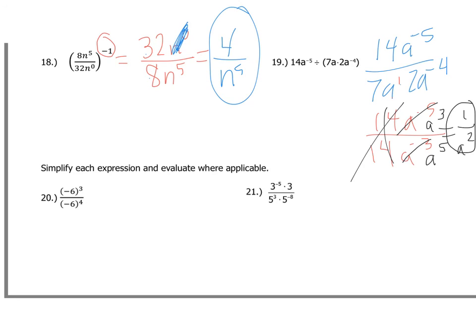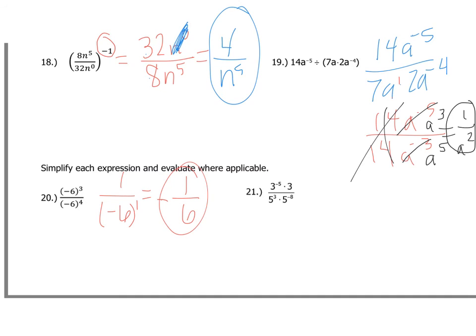And number 20 and 21 say simplify each expression and evaluate where applicable. So this becomes 1 over negative 6 to the first power, or 1 over negative 6.